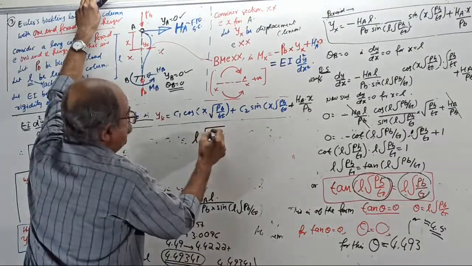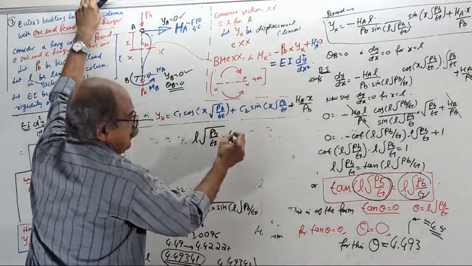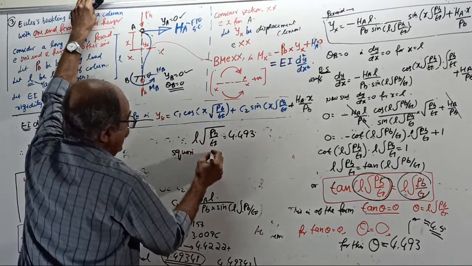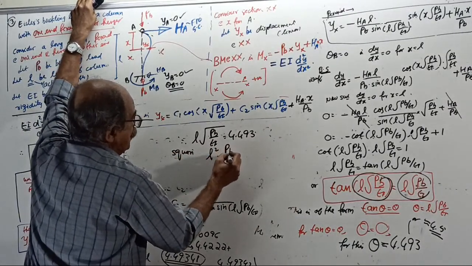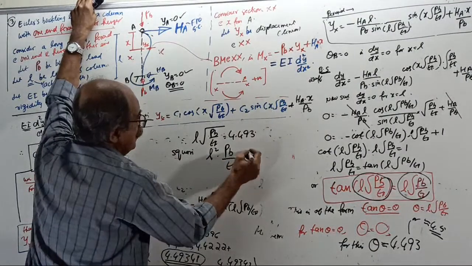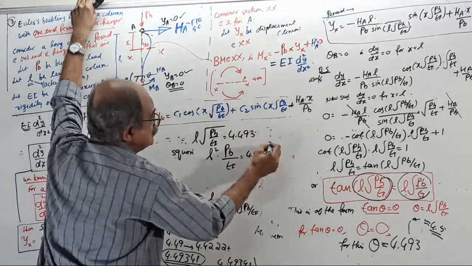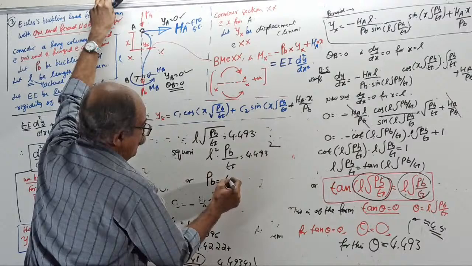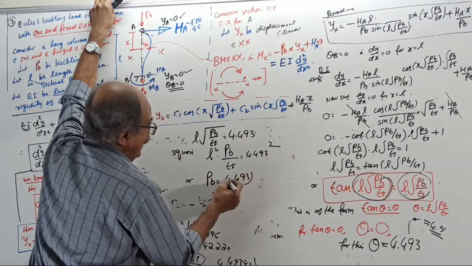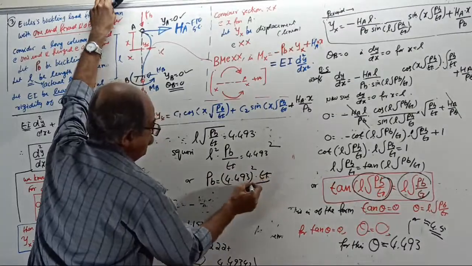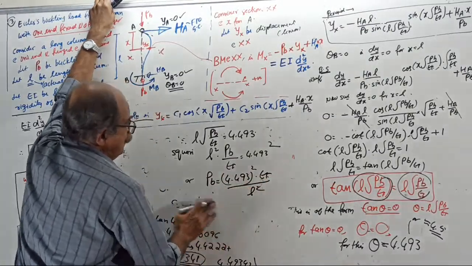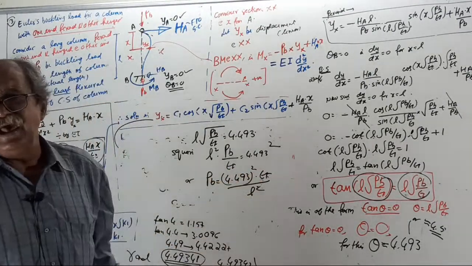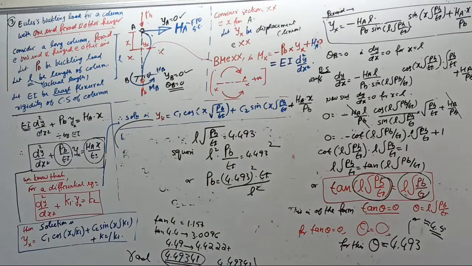L root P_B by EI equals 4.493. Squaring both sides, you get L square into P_B by EI equals 4.493 square, or your buckling load P_B equals 4.493 square into EI by L square. Correct? Correct.